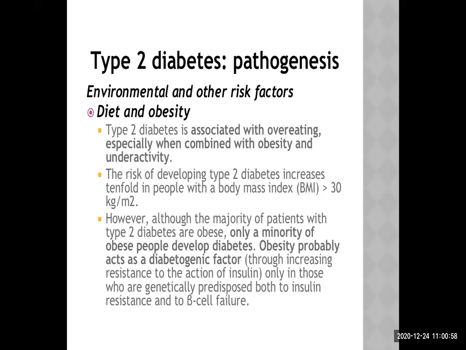So the person still looks lean and thin, with maybe a slight tummy only, but that person can still develop type 2 diabetes. We already talked about that; that is known as metabolic syndrome. Here we are mainly concerned with body mass index more than 30, meaning a really obese or overweight looking patient.